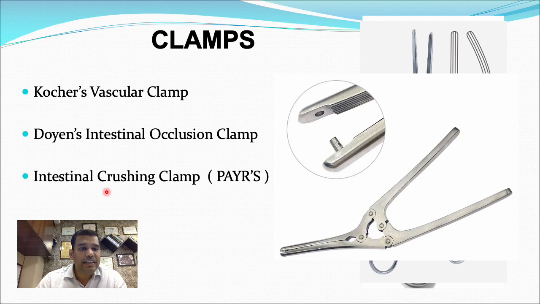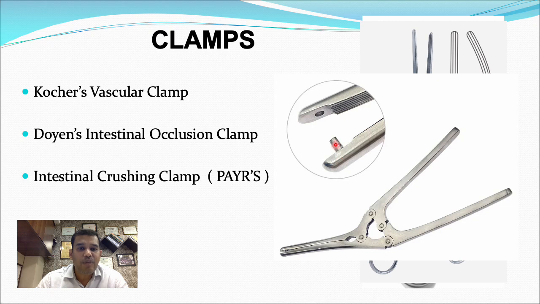Next instrument is the intestinal crushing clamp. This is a very different instrument. You can make it out. This is the blade part, this is the joint part, and these are the two shafts. There are four joints; there is no single joint. In most of the instruments you have seen previously there was only one joint, but here you have four joints.